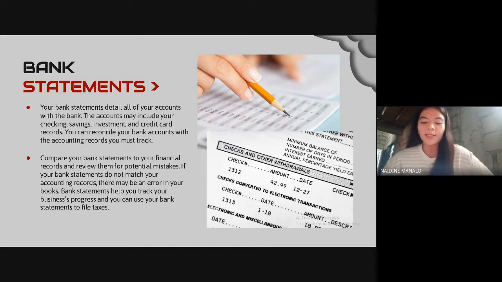Compare your bank statement to your financial records and review them for potential mistakes. If your bank statement does not match your accounting records, there may be an error in your books or records. Bank statements help you to track your business progress too. And you use your bank statements to file your taxes.